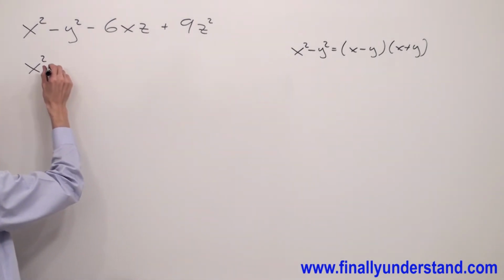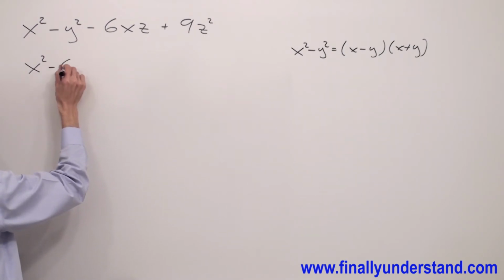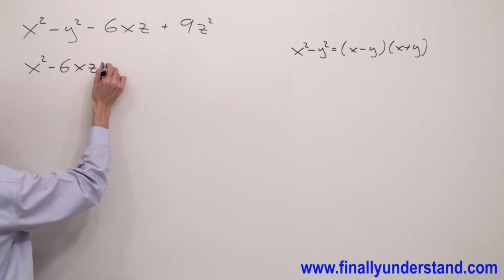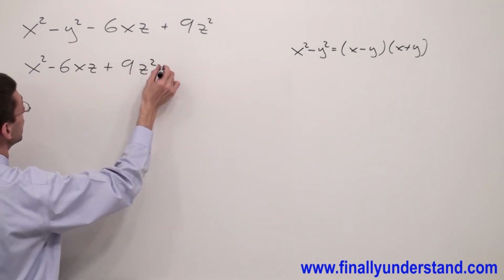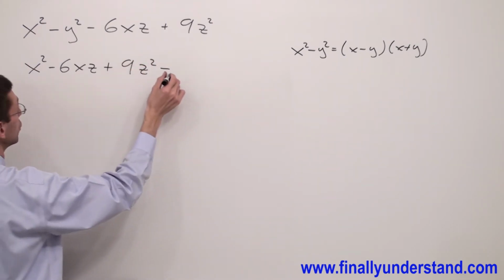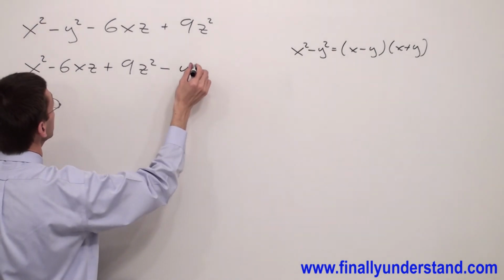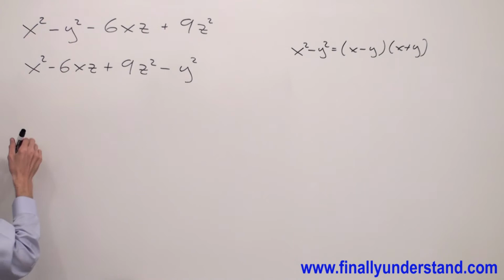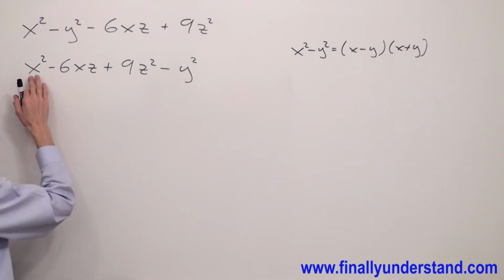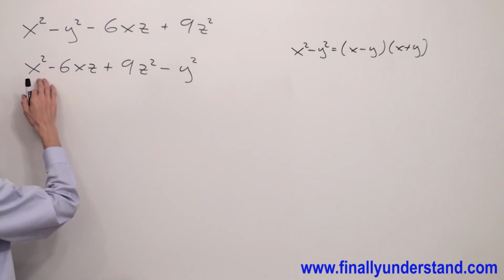So I have to write this in this order: x squared minus 6xz plus 9z squared minus y squared.